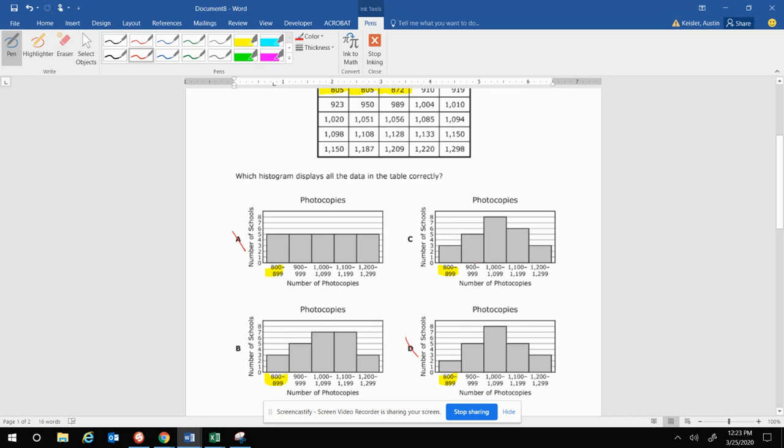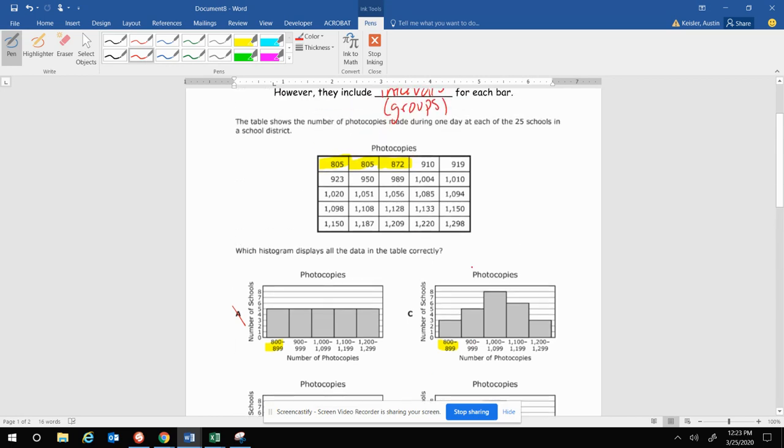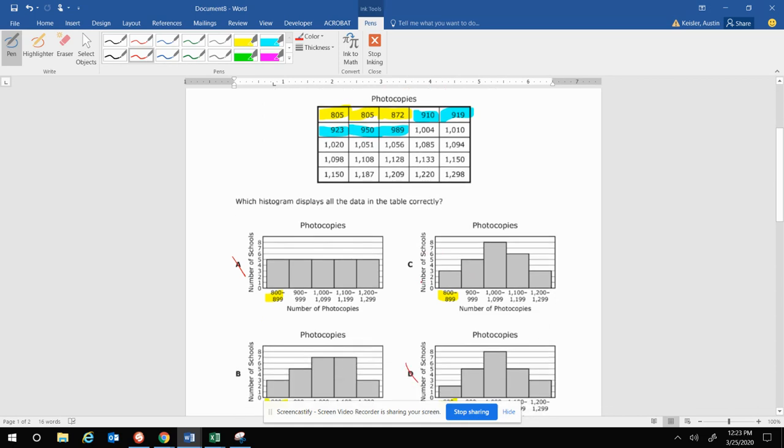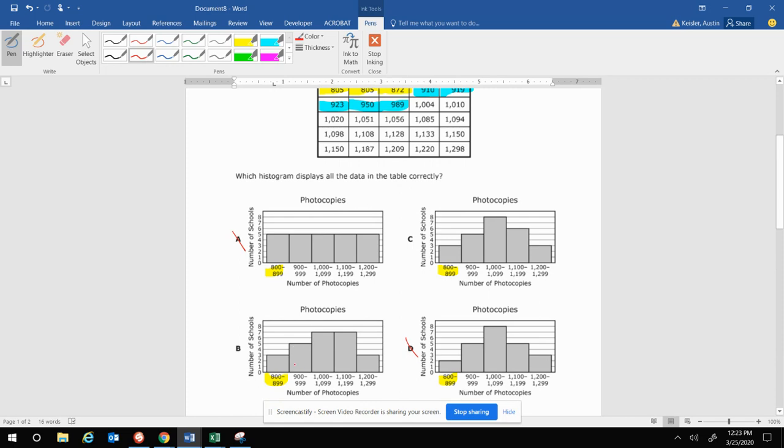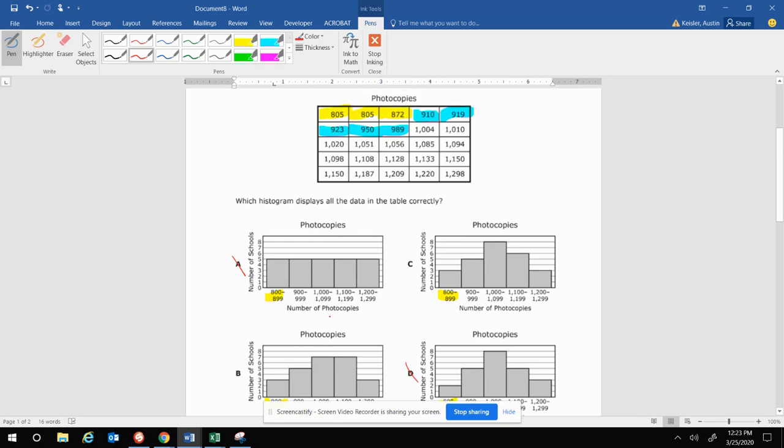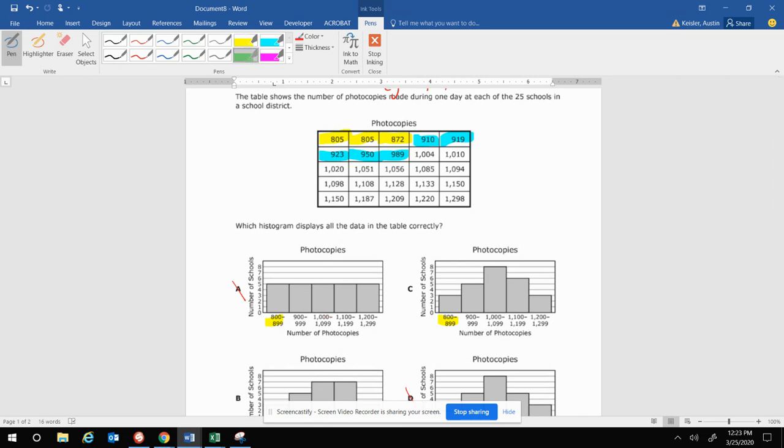So then now I can go to my 900 to 999 section, and I see that there are 1, 2, 3, 4, 5 numbers that are between 900 and 999. So I need a height of 5. So C right here checks out, and so does B down here. So I'm going to go to my next section, which is 1000 to 1099.